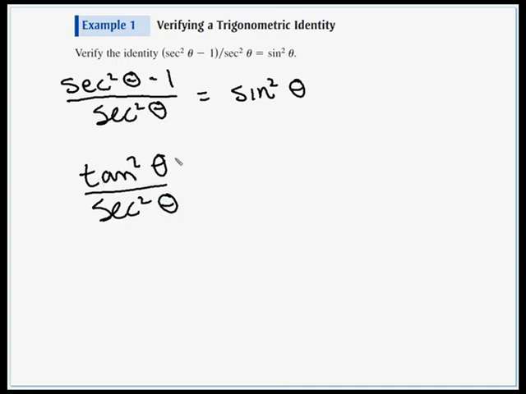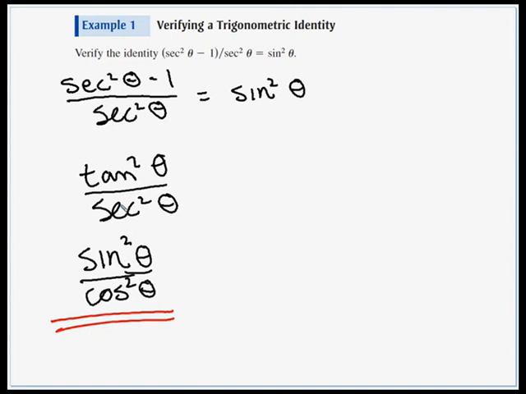So let's see, can we rewrite tangent as something? Well, tangent is sine over cosine, and here they're both squared. Tangent squared would be sine squared over cosine squared. And that's divided by secant squared. What's another way to write secant? Well, that's 1 over cosine, so secant squared is 1 over cosine squared.